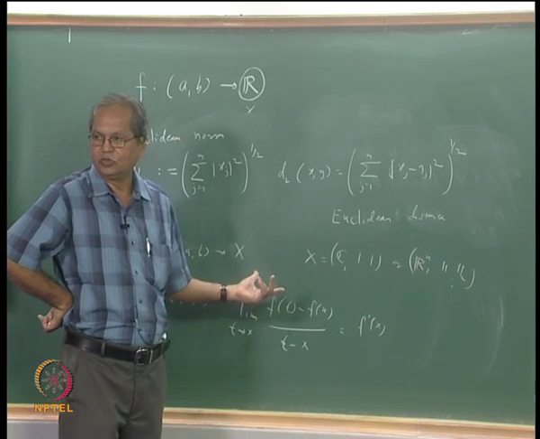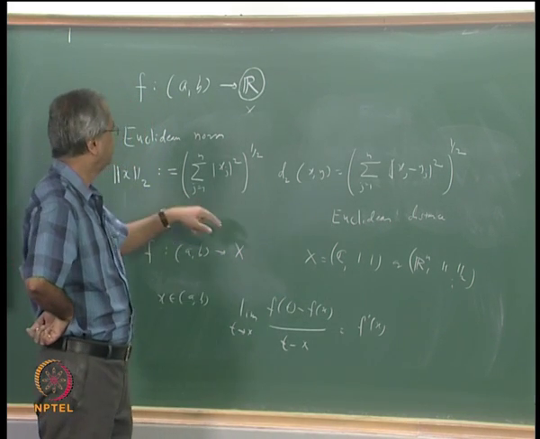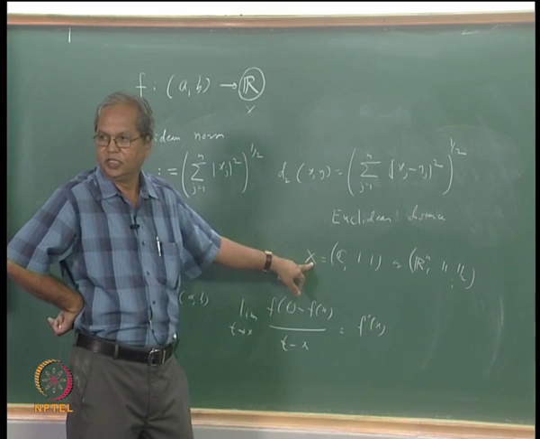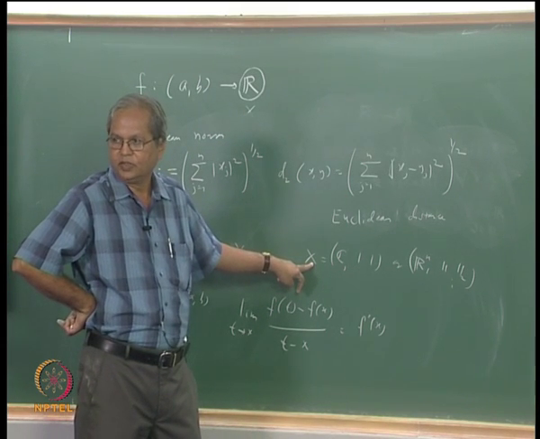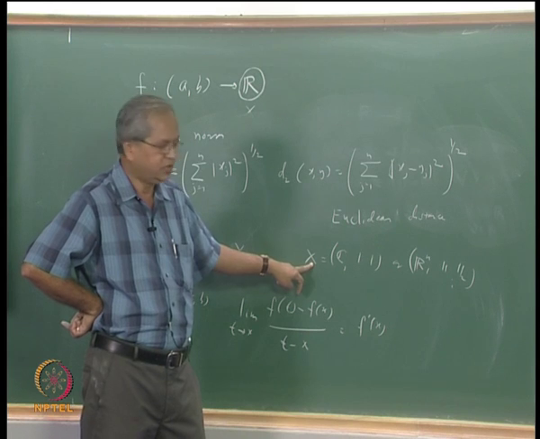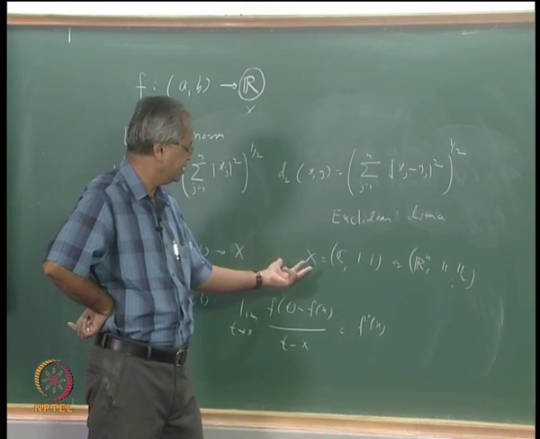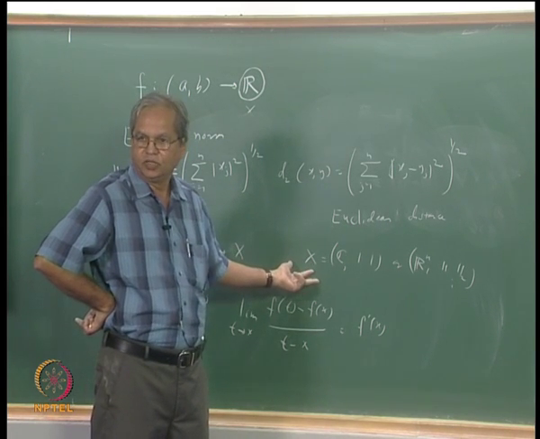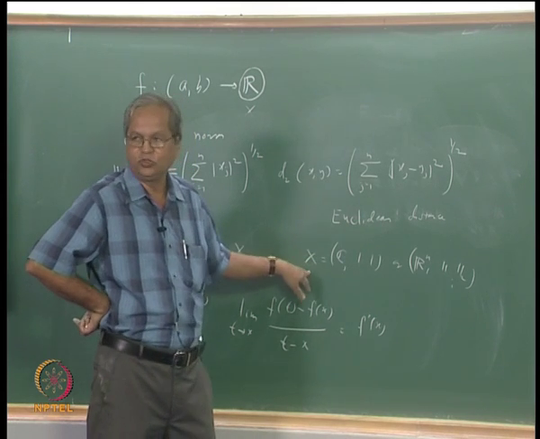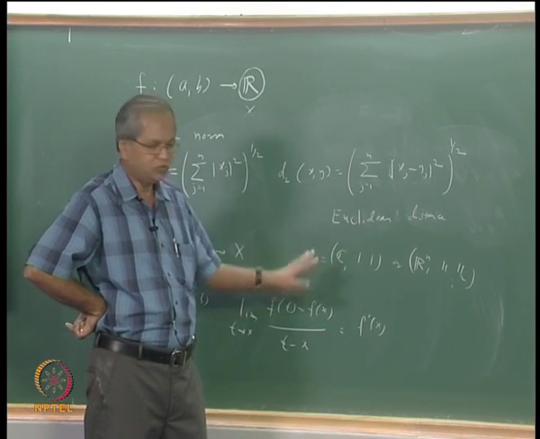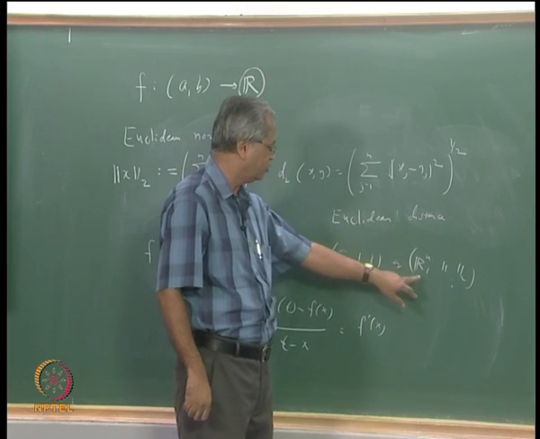Product we cannot talk about in general, because there may be no product in this X, it is just a vector space. So given two elements in X, the product may not be defined, but if you have some more additional structure on X you may talk about the product also, but let us not go into that.